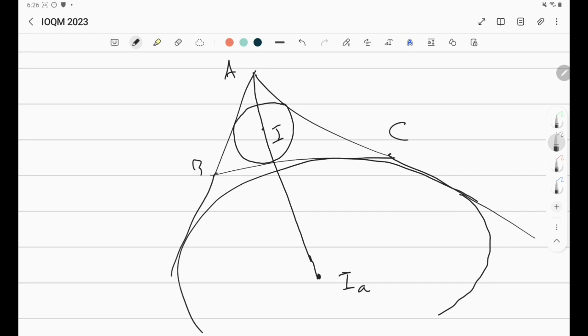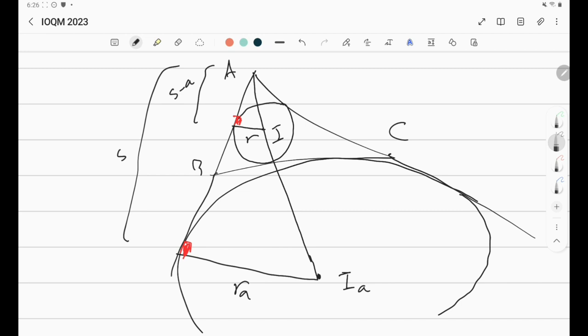Of course, if you drop the tangent, for sure you're going to get a 90 and a 90. Furthermore, this is just R_A, the exradius, and this one is small r, the inradius. And if you know some geometry here, then you should know that this thing, it's well known, is S minus A, and this thing is S. What is S? S is the semiperimeter, so it's A plus B plus C over 2.